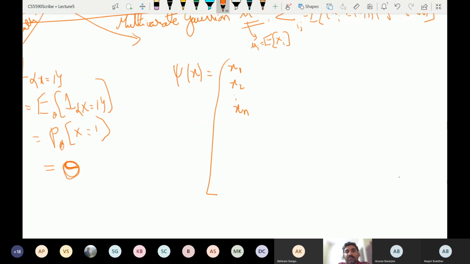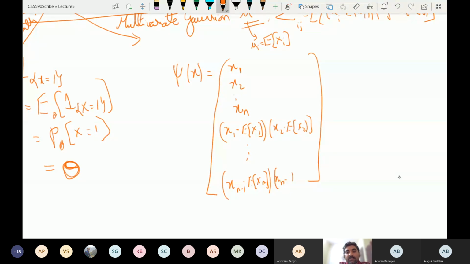And then the next choice will be x1 minus expectation of x1 times x2 minus expectation of x2, right? And so on and so forth. So for all, say xn minus 1 minus expectation of xn minus 1 into xn minus expectation of xn, right?